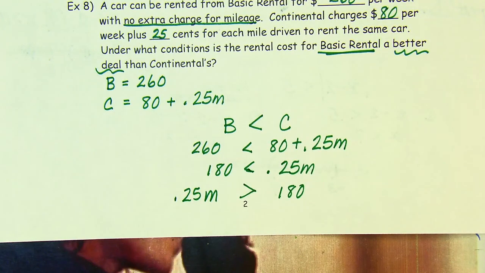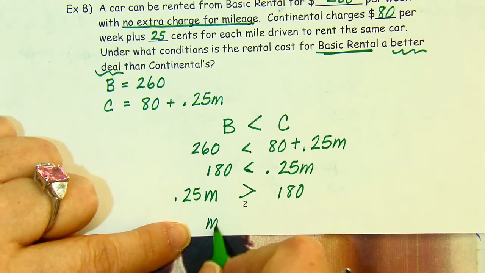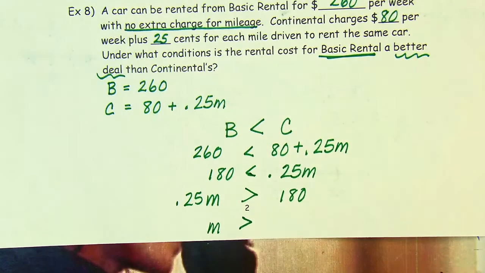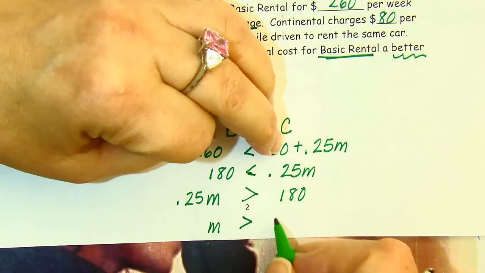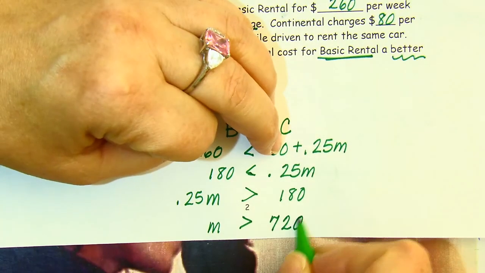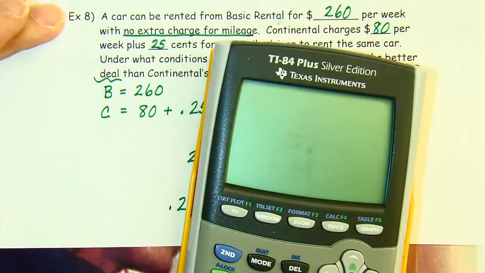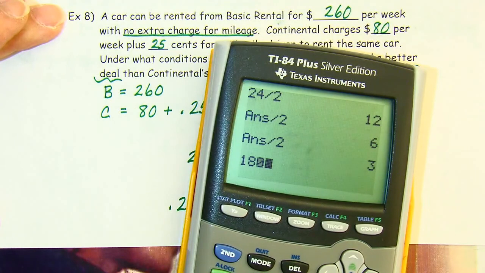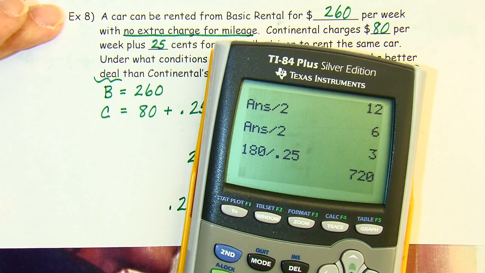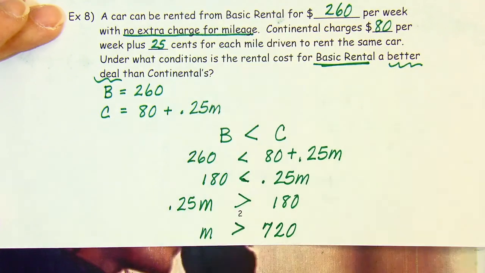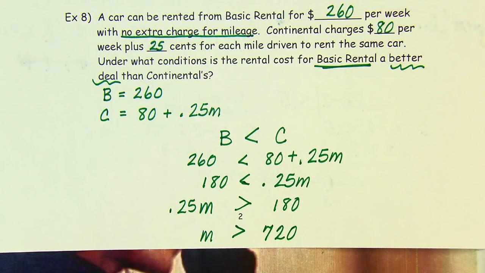Now I'm going to divide. And I see that M is greater than 720, right? So 180 divided by 0.25, 720. So what does this mean in terms of the original problem?